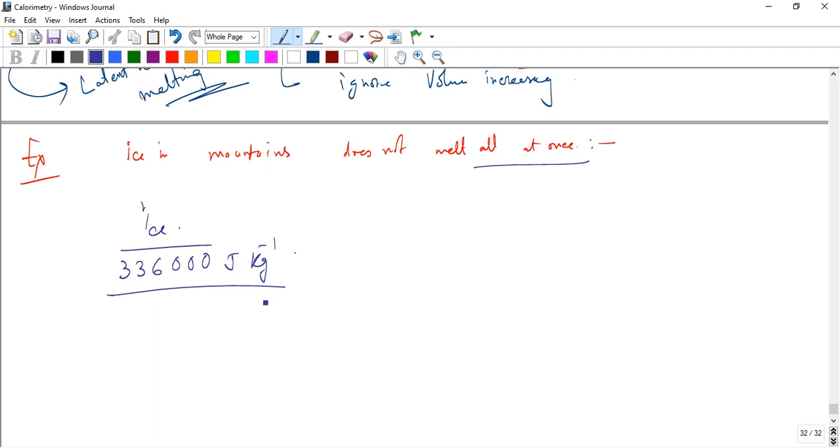The energy to melt the ice comes from the sun. If the latent heat of ice were low, the snow would melt in a short time and there would be floods in rivers. But the latent heat is very high, and the energy from the sun is a very small amount, not enough to melt all the ice at once.